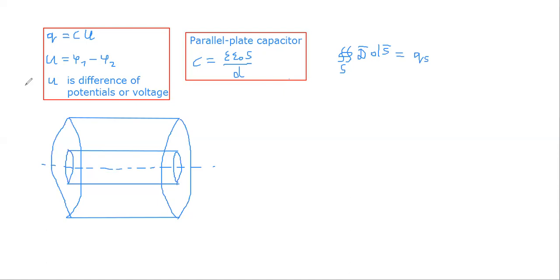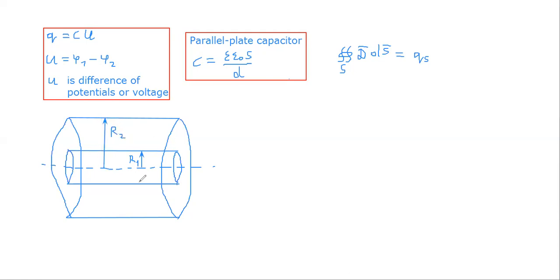The radius of the small cylinder is R1, and the radius of the bigger cylinder is R2.